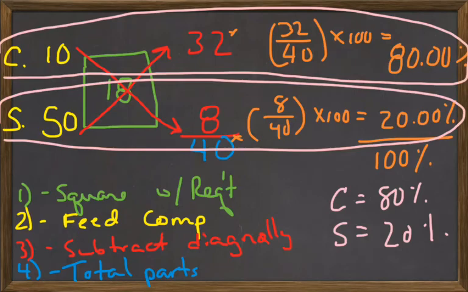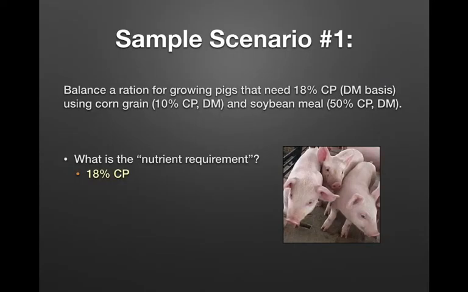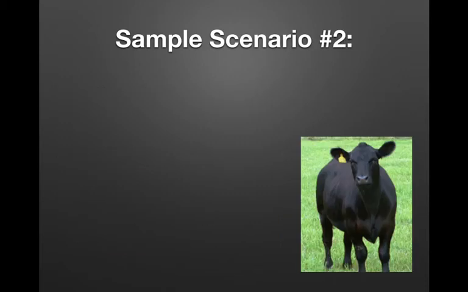That's a Pearson square. It's pretty straightforward. It's just making sure you remember those steps and just knowing what a percentage is. That's all we're doing. So let's bounce out of this real quick and go back. We did this first example. Let's try a second one.